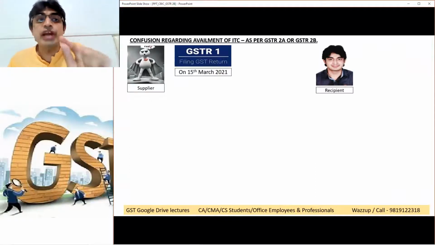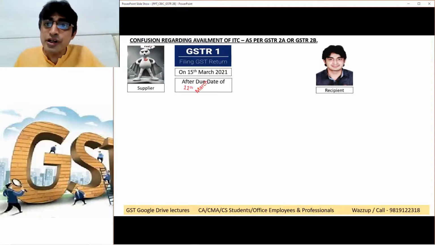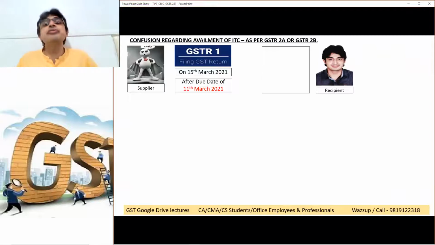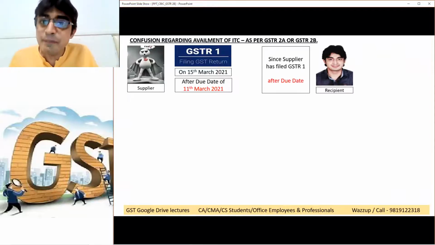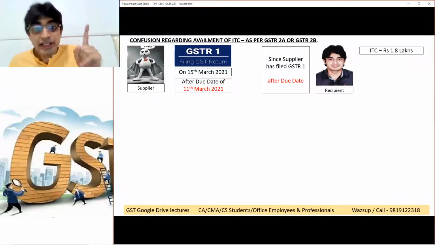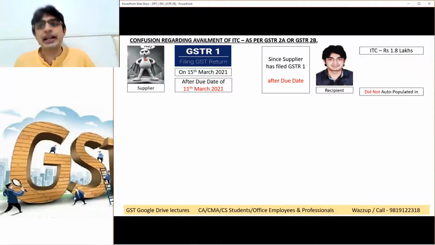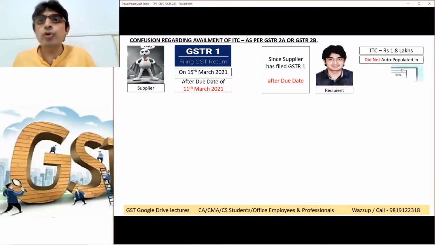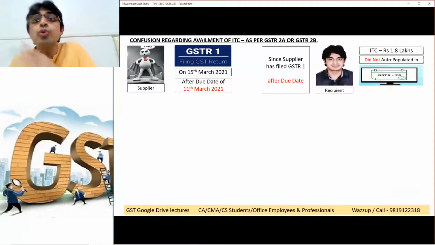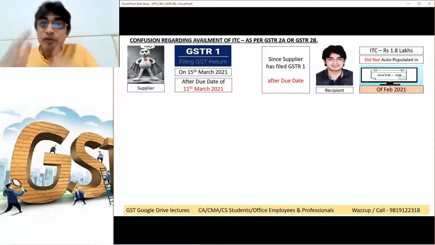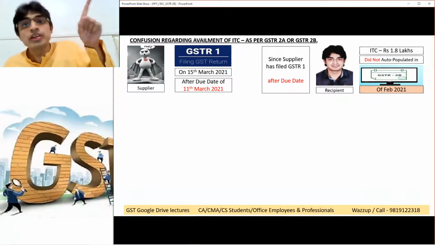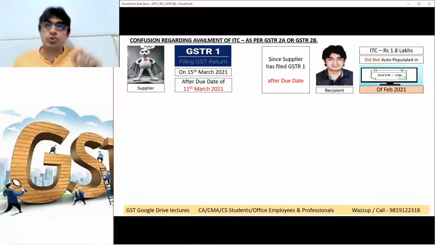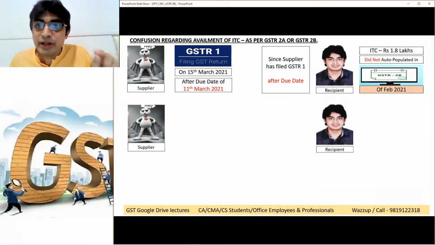He filed GSTR 1 on 15th March, after the due date. Since the supplier has filed after the due date, this input tax credit of 1,80,000 did not get auto populated in my GSTR 2B of Feb 21. When I opened Feb 21 GSTR 2B, this ITC of 1,80,000 was not there because that supplier filed after the due date. Correct? Now what happened?